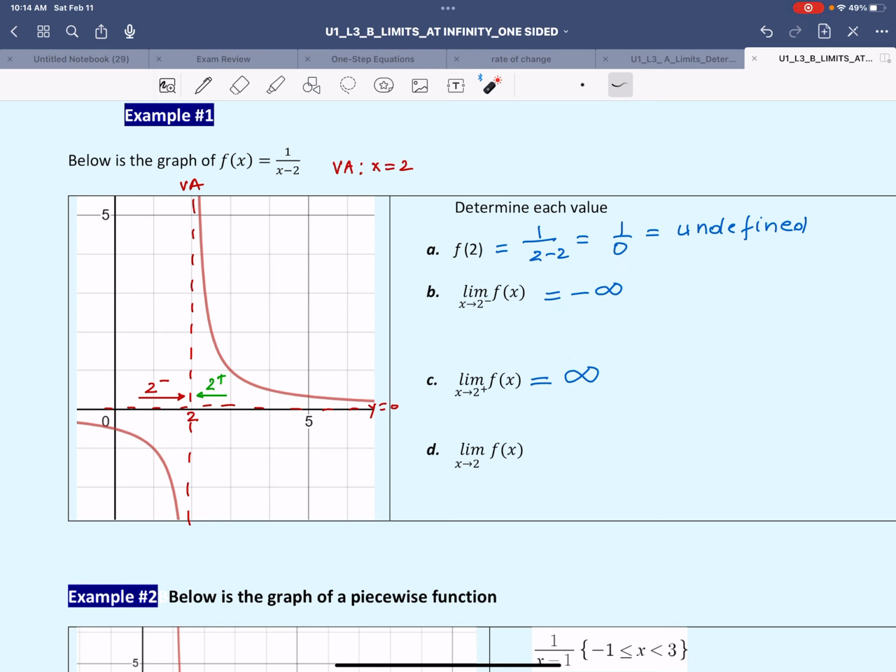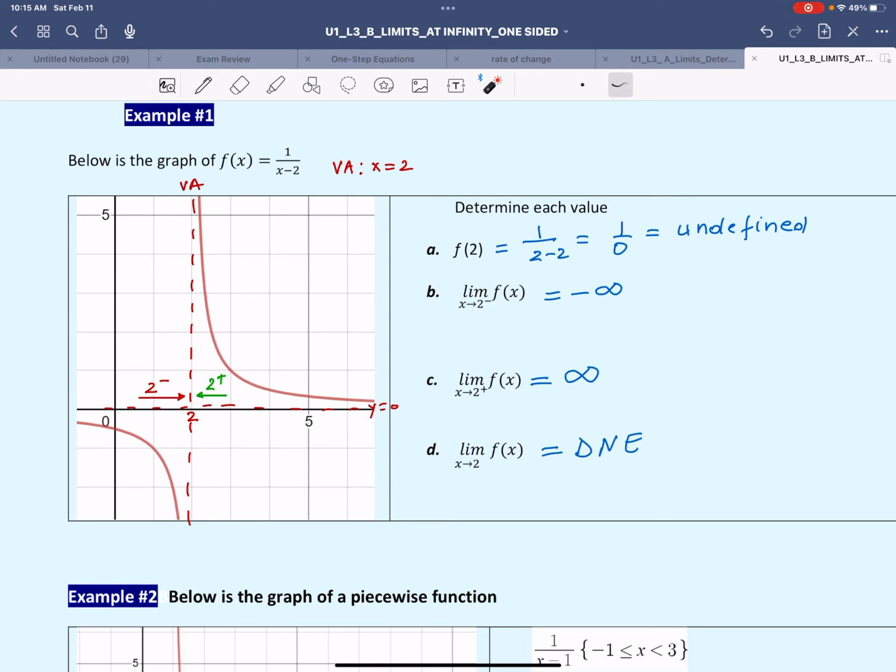Now, as you can see, the left-hand limit is negative infinity, the right-hand limit is positive infinity, which means that the left and the right-hand side limits are not equal. In this case, we say that if left and right-hand side limits are not equal, the limit at the point does not exist. The reason why is because remember that the definition of limit is the tendency in the y values at a specific point. So we need to have a common trend to say, okay, so at x equals 2, the function is undefined, but the values of y are about this number.